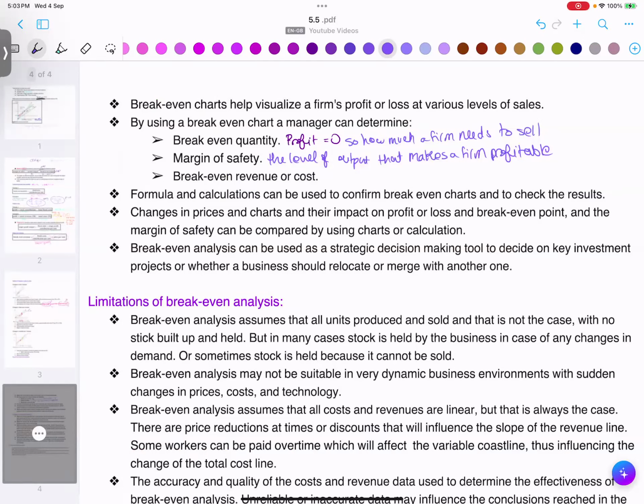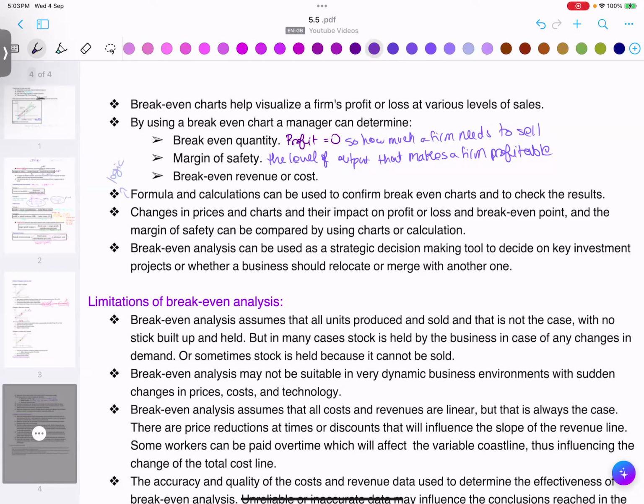Formulas and calculations can be used to confirm break-even charts and check the results. So it's based on logic, and it can be backed up by calculations, okay? And changes in price in charts and their impact on profit or loss and break even, and the margin of safety, can be compared by using charts or calculation. So they look at the changes in the chart, in the price, and how it affects.